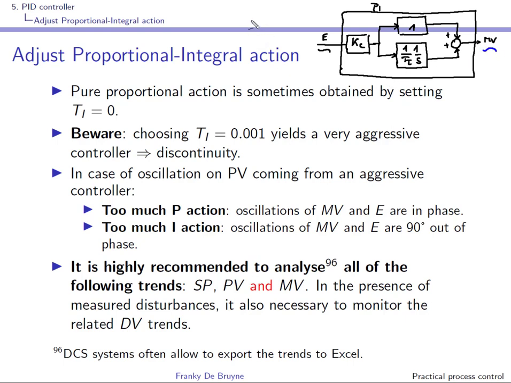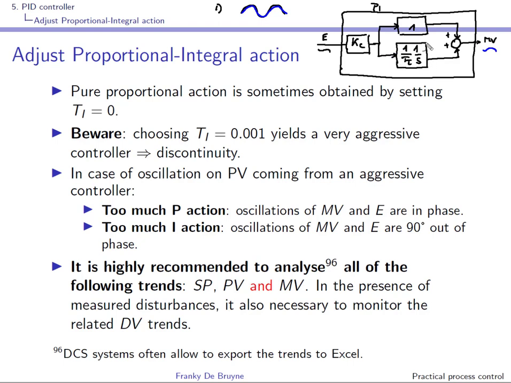Let us assume now that we see in this first situation an oscillation on the error, and that you have here an oscillation of MV that is an oscillation with a small phase shift. This must come from the proportional action, because we know that the integral action is going to introduce a phase shift of 90 degrees.